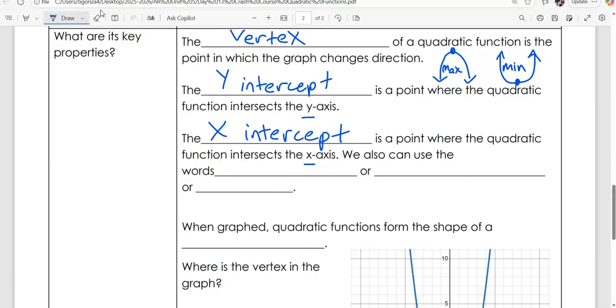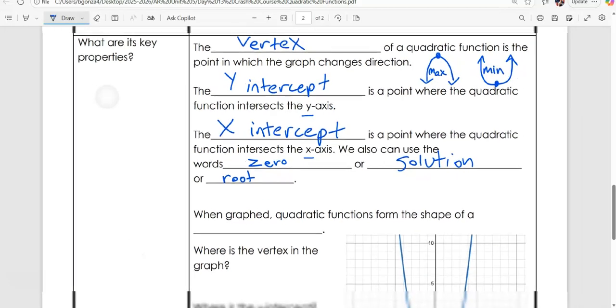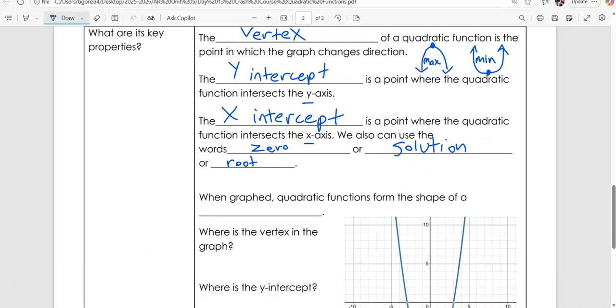Another word for x-intercept is zero, solution, or root. Zeros, solutions, roots, and x-intercepts are the same thing. Where does it cross the x-axis? Okay. When graphed, quadratic functions form the shape of a parabola.